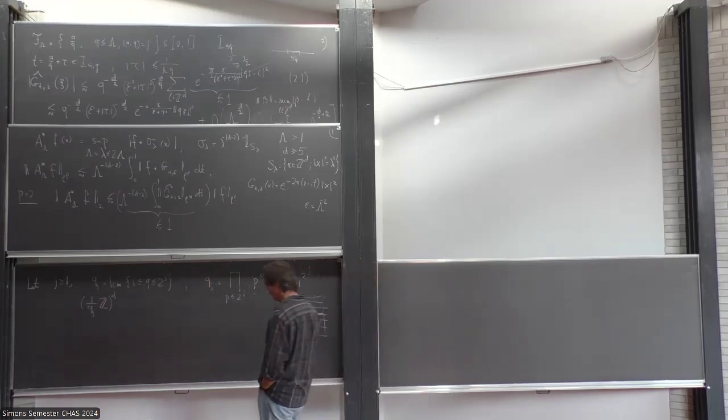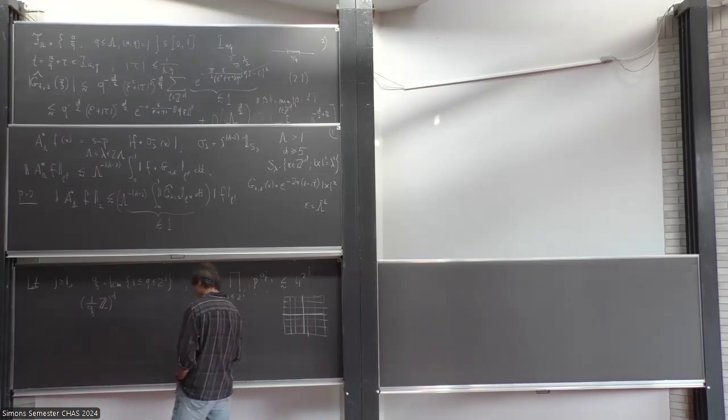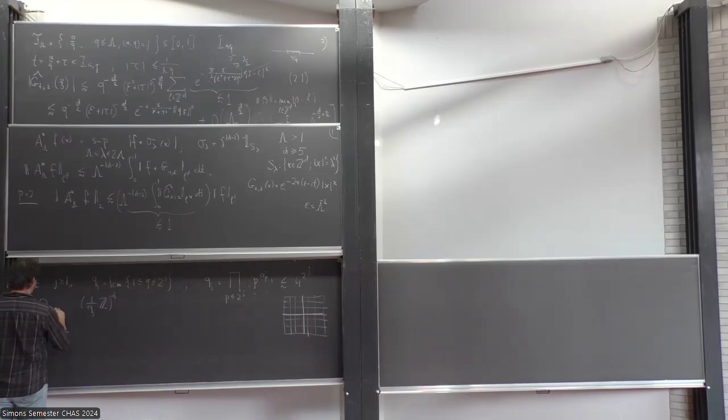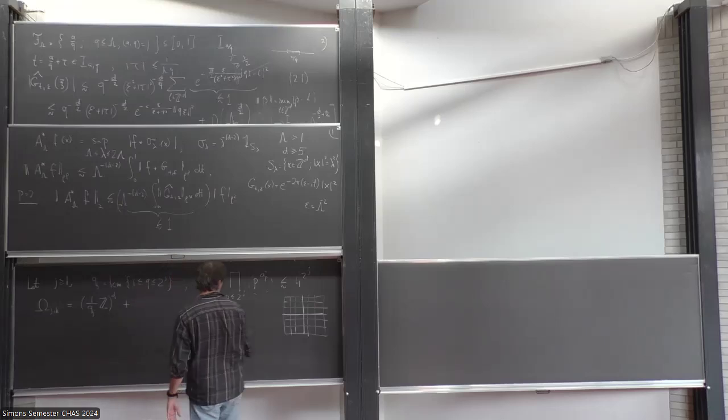And why am I doing that? Because now I will define some neighborhood of this grid, which is the grid plus a small cube.